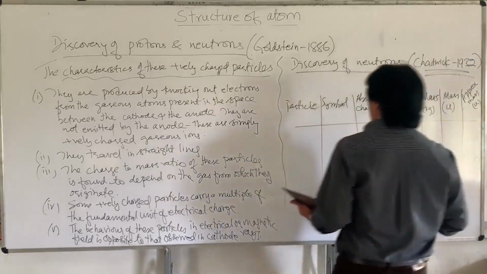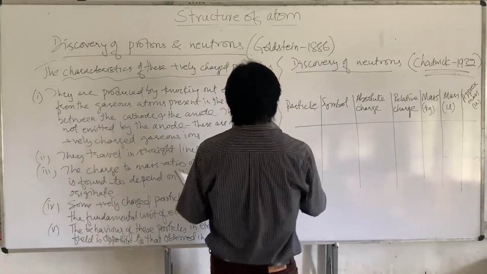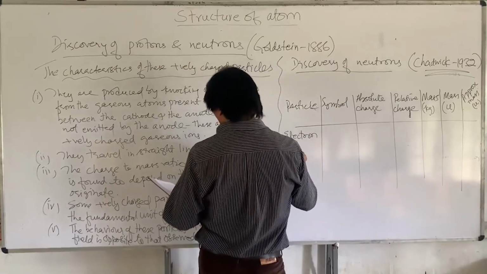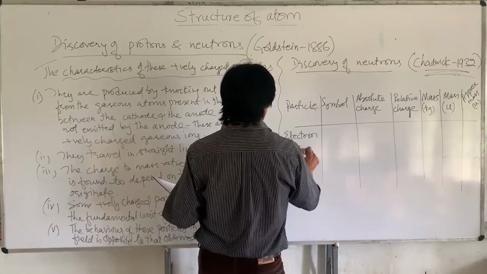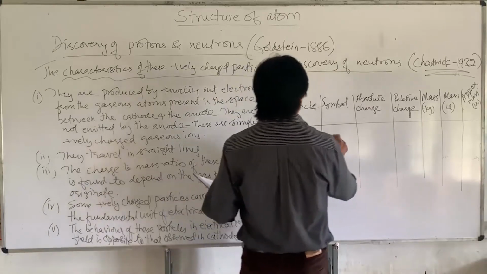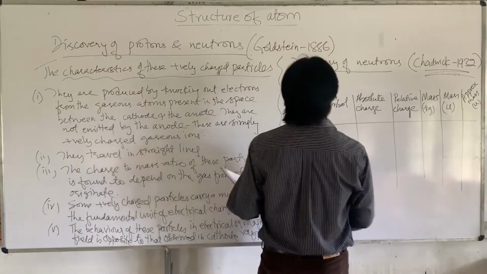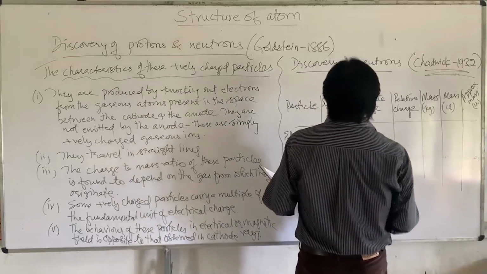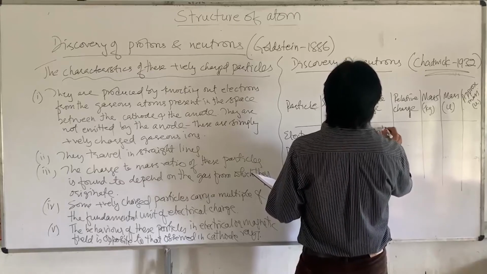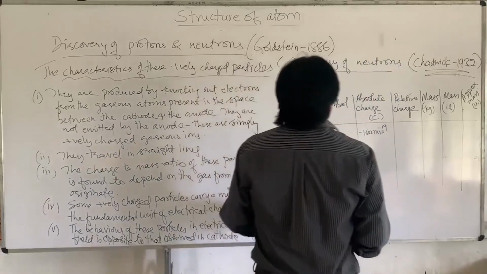So these fundamental particles, the first one we're going to talk about is the electron, and then next we'll take up the proton, and finally the neutron. These are the three subatomic particles. The symbol is e for electron, p for proton, and n for neutron. The absolute charge on an electron is minus 1.6022 into 10 raised to the power negative 19 coulombs.